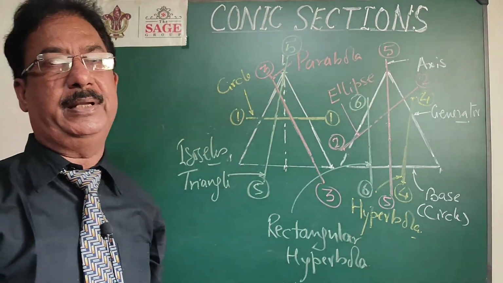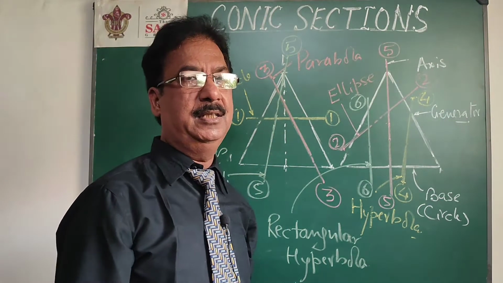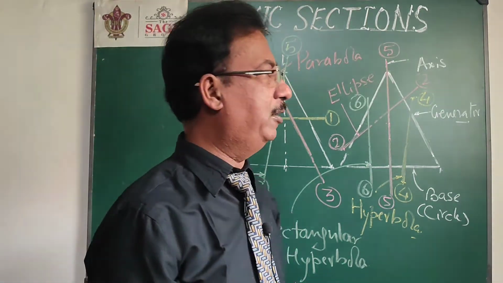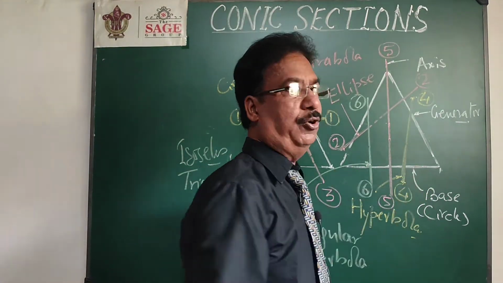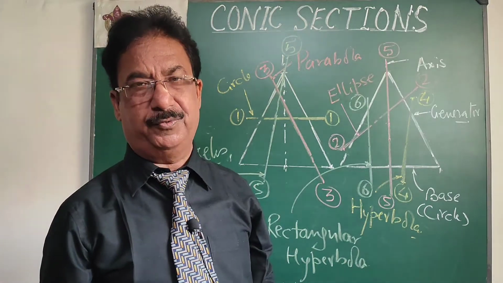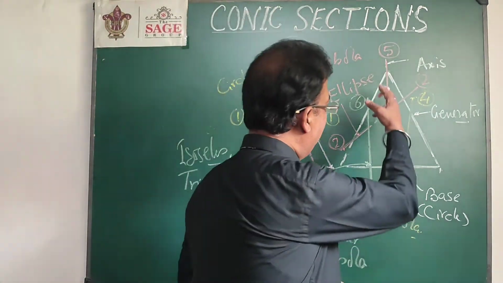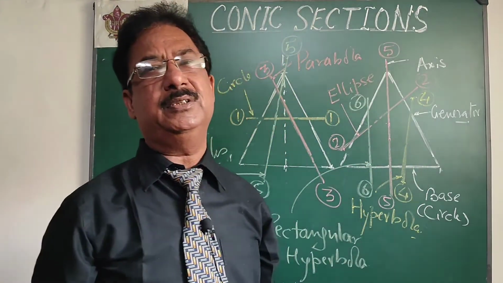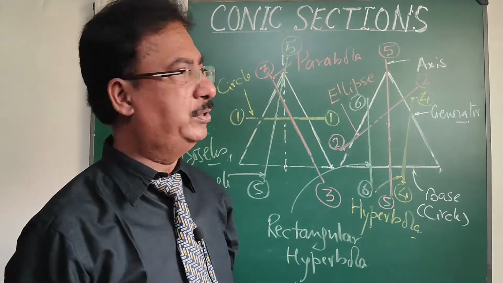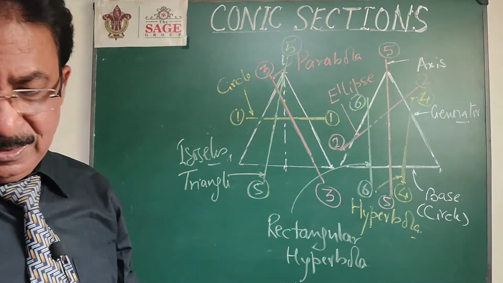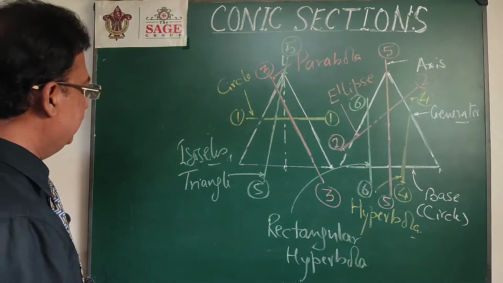This time the triangle is of the maximum possible size, because its base equals the diameter of the base of the cone, and the height is the same. So the shape of the triangle is the same as the front view of this cone. So these are the 6 cases. I hope you understand this.